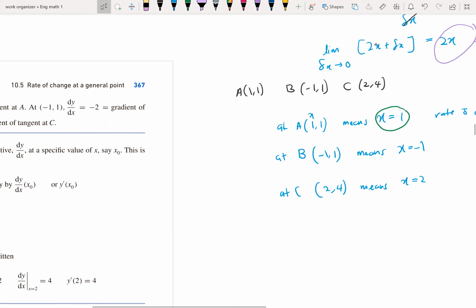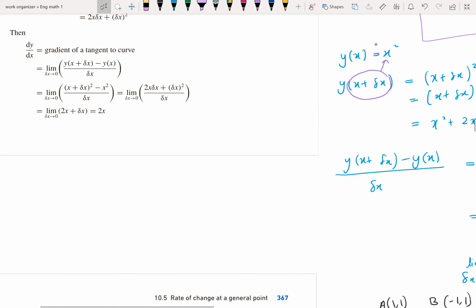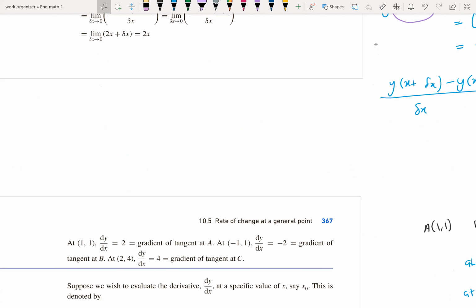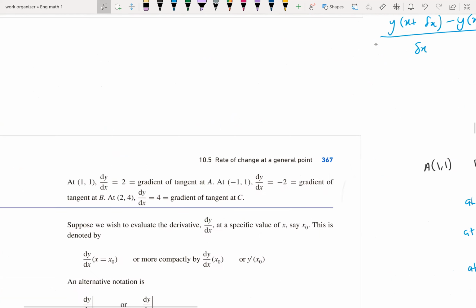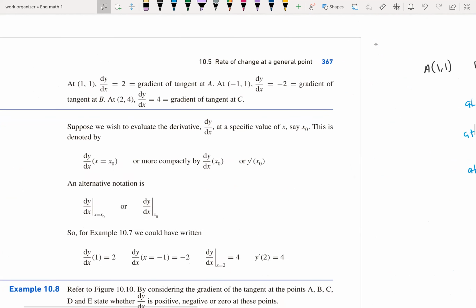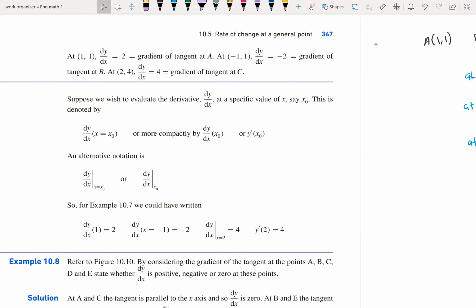So next, this one is just general knowledge for information only.